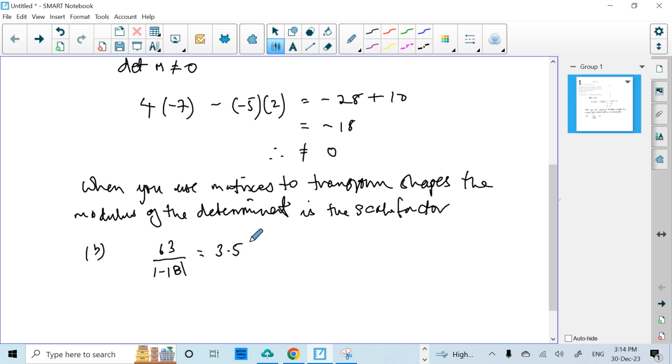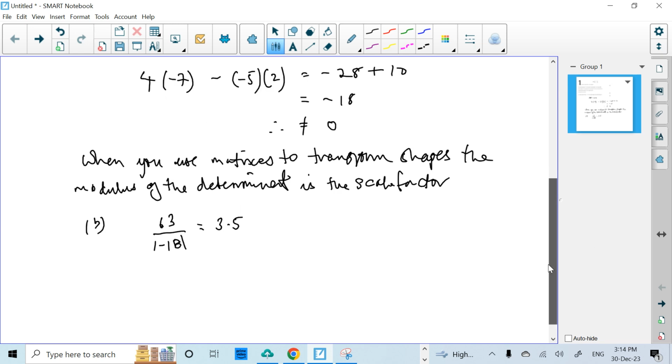We take the positive value, of course, and that's it. Nothing further to do. So in other words, 3.5 times 18 gives you the area of 63. That's another 2 marks secured there.